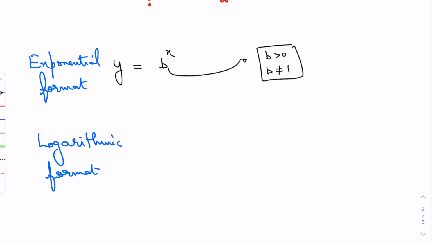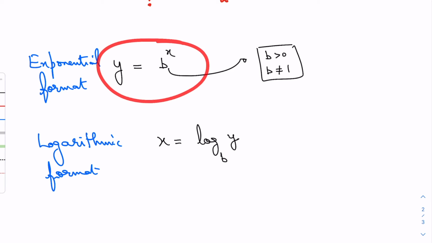So here I will write x is equal to log of y, and the base is written here. What is the primary difference between these two things? The role of input and output has been exchanged.